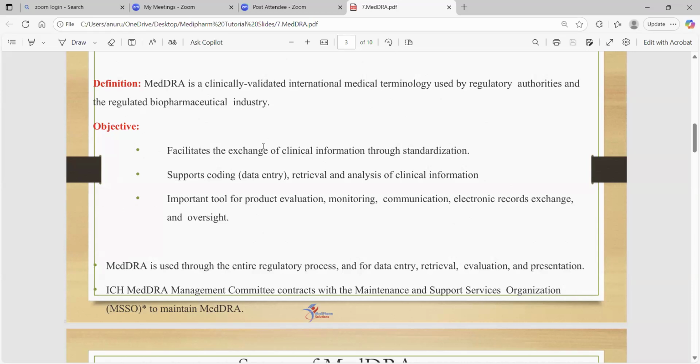Because you cannot just report feeling woozy, feeling wobbly, which will not make any sense. It should make clinical sense, as in it is an adverse event and what the patient is going through.